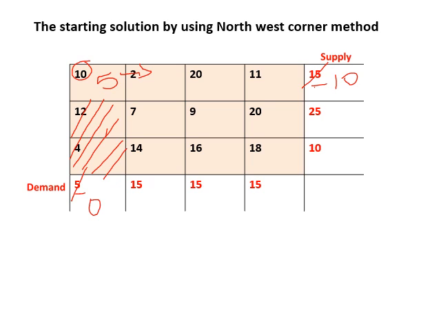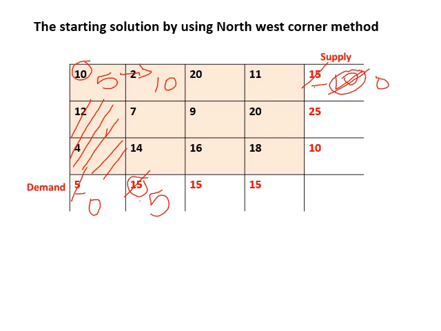This cell is the intersection between the value 10 for the supply and value 15 for demand. We will take the least value, the number 10. So we take 10 in the cell, and the supply in this case will equal 0, and subtracting 10 from 15, the demand will be 5.